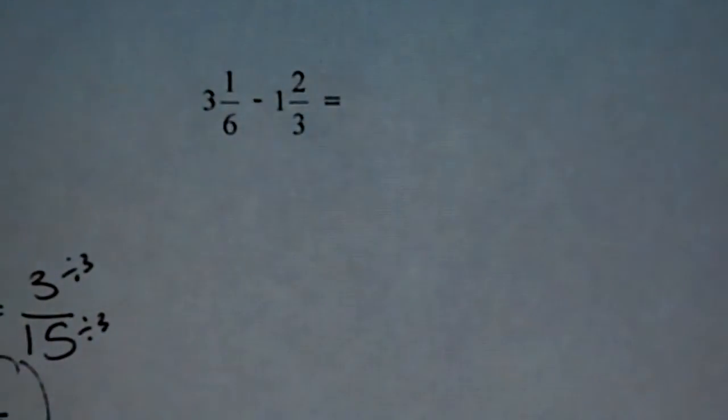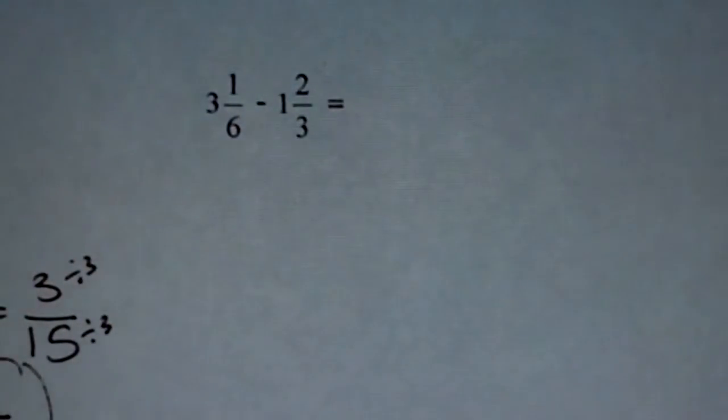Alright, last one here of the prior background knowledge problems, then we get to do the new ones. I have mixed numbers, oh my goodness, that I'm supposed to subtract. Before you go finding a common denominator, because you do need one, I would suggest changing these to improper fractions, right? Because these are mixed numbers. So to make these easier to work with, we're going to make them improper for now.